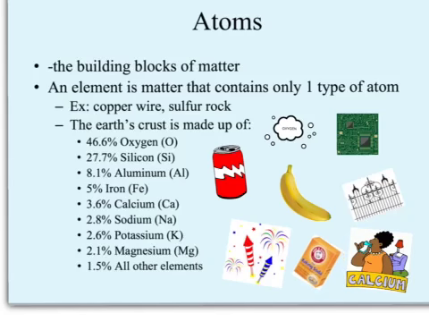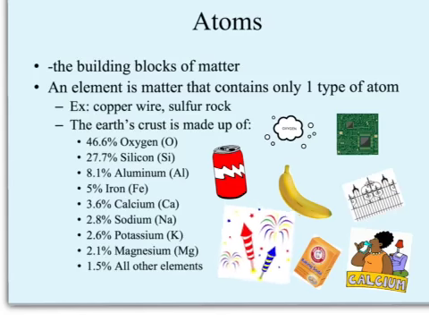It's also part of salt. Potassium can be found in bananas. Potassium will also help you out if you're having muscle cramps. And last, magnesium is used in road flares and fireworks. That leaves 1.5%. So all the other elements are going to add up to only 1.5%.